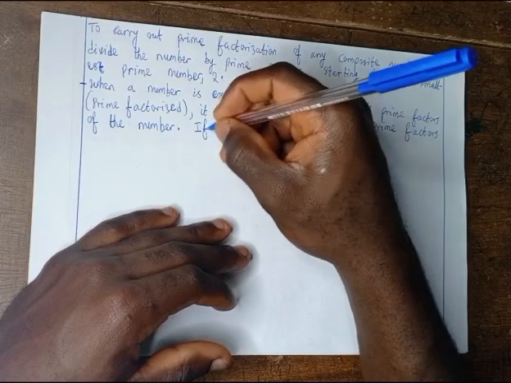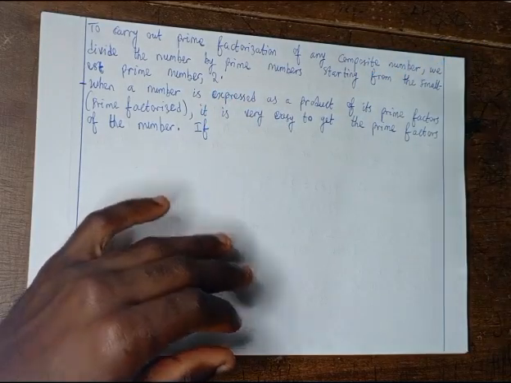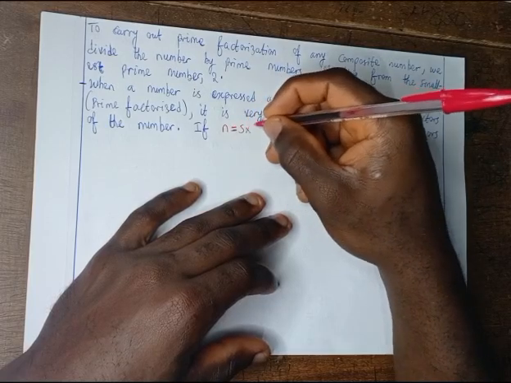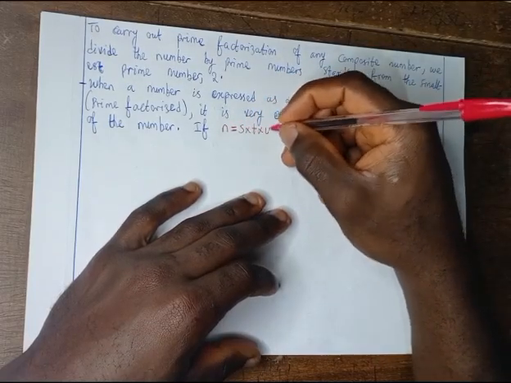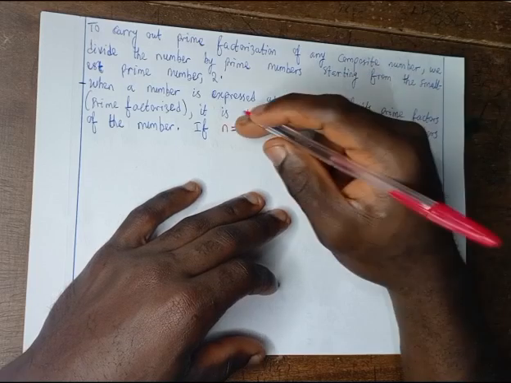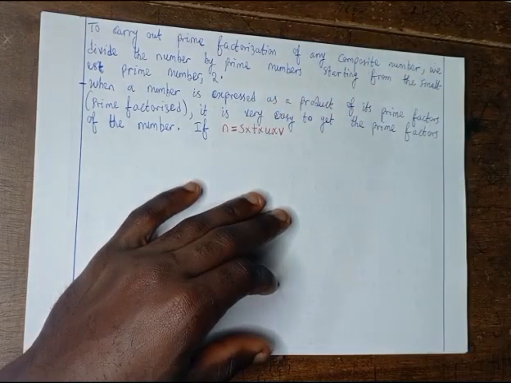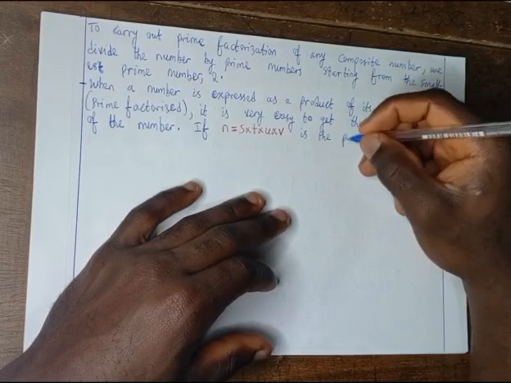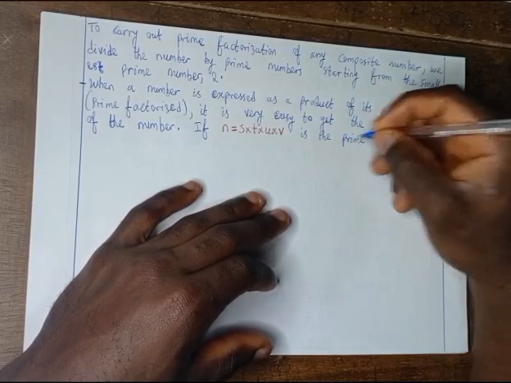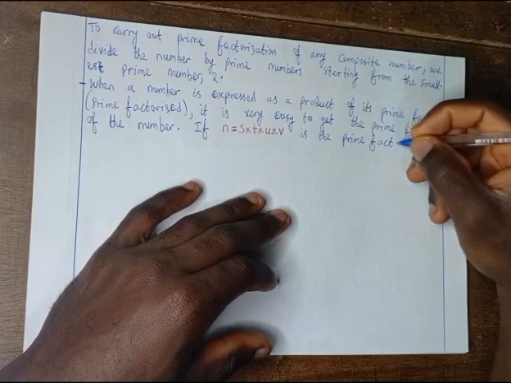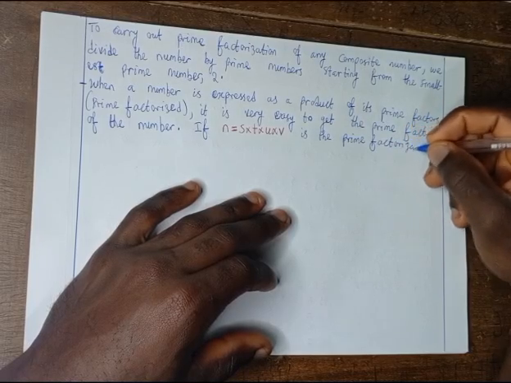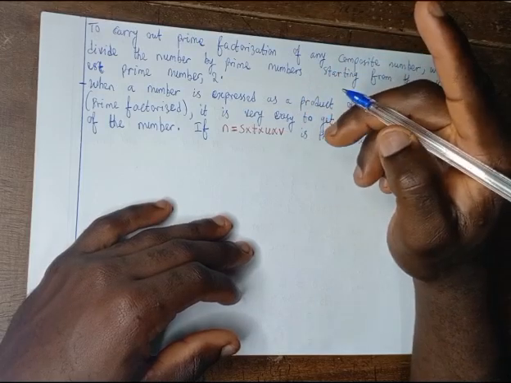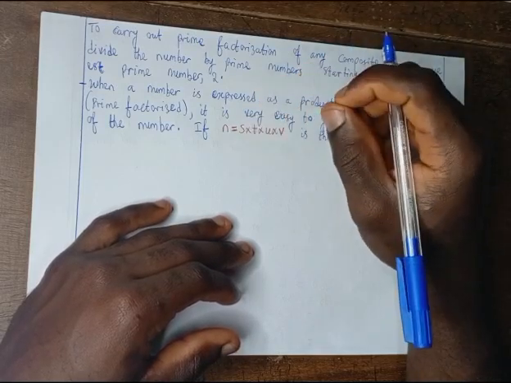If I write this down, n equal to s times t times u times v, s times t times u times v is the prime factorization. That means these numbers s, t, u, v, they are different prime numbers.